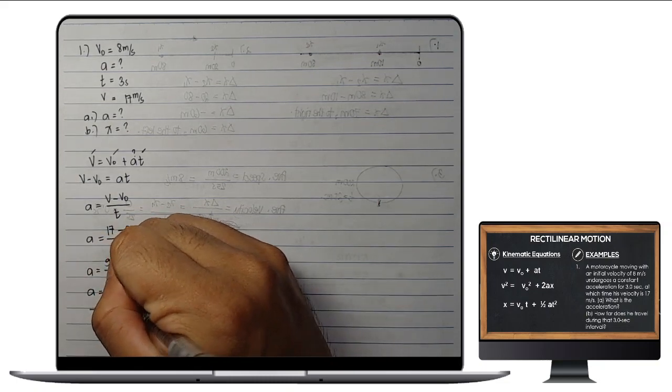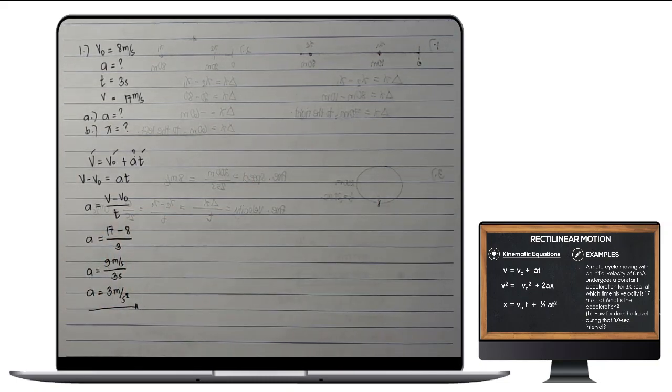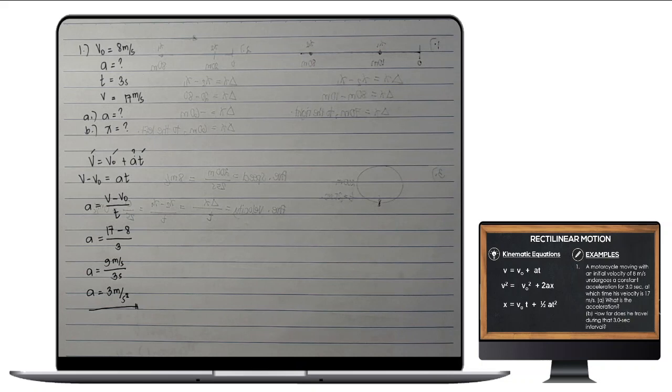That is your acceleration. Meters per second squared, or displacement divided by the square of time, is the unit of acceleration. So acceleration here is 3 meters per second squared.